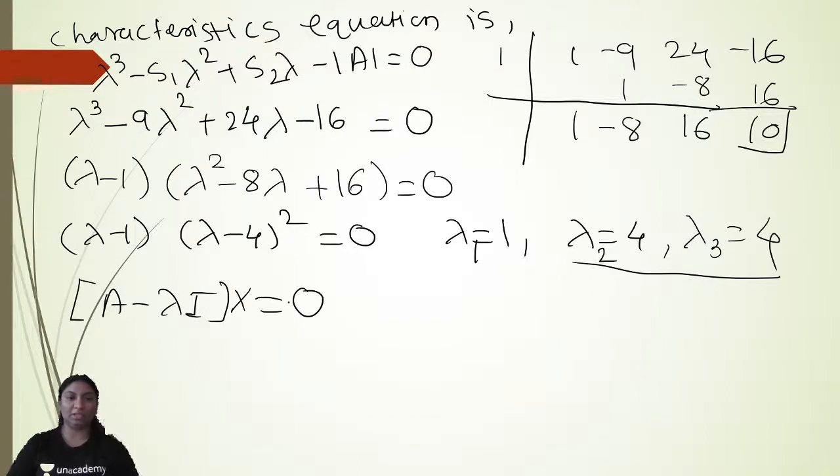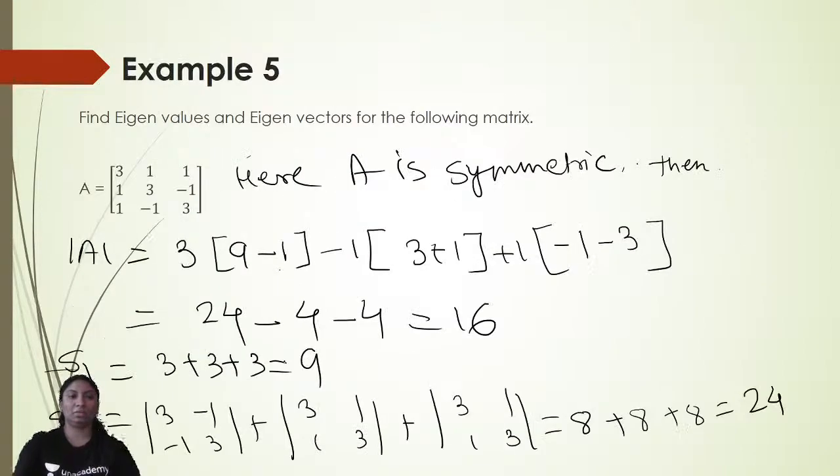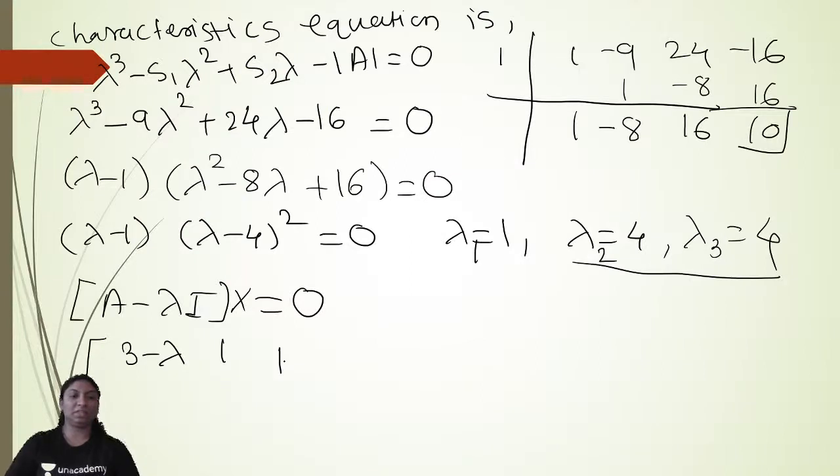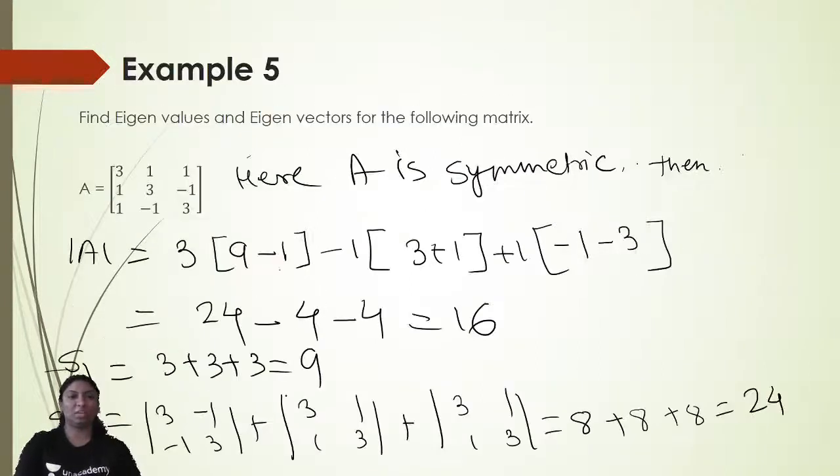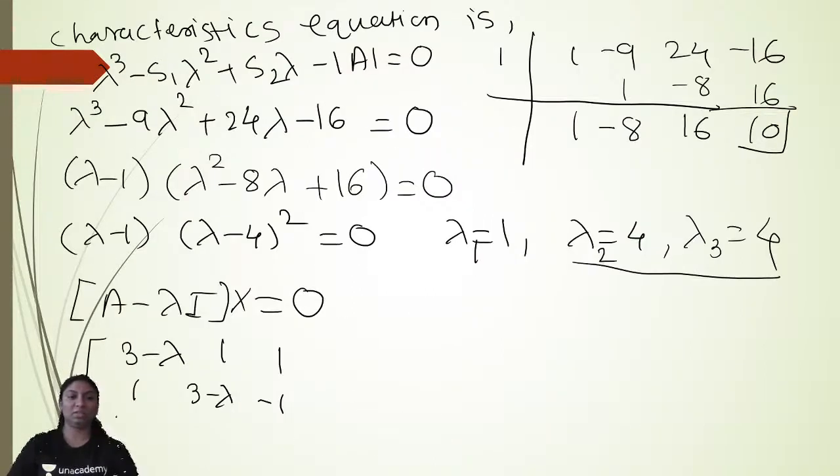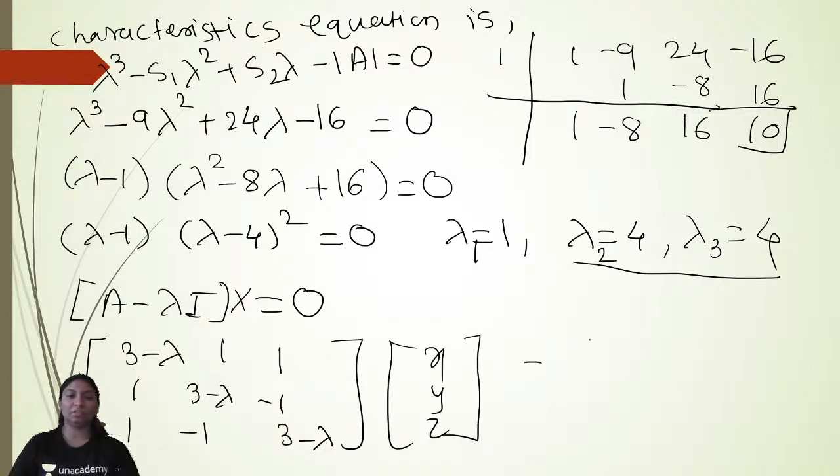So A minus lambda I is [3 minus lambda, 1, 1; 1, 3 minus lambda, minus 1; 1, minus 1, 3 minus lambda] times [x, y, z] is equal to [0, 0, 0].